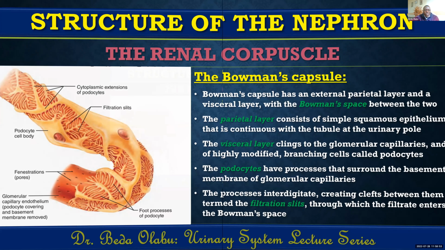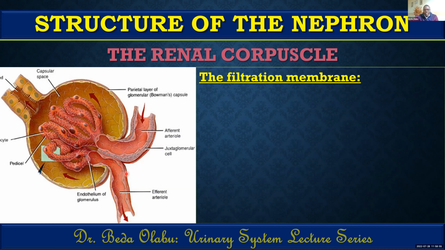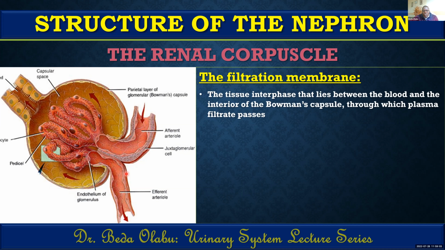Great. Having said so, now let's discuss the filtration membrane. We can call it the glomerular filtration barrier or the filtration membrane. It is the tissue interface that lies between blood and the interior of the Bowman's capsule. It is the one where the structures through which plasma will pass as it is being filtered from the bloodstream into the Bowman's space.